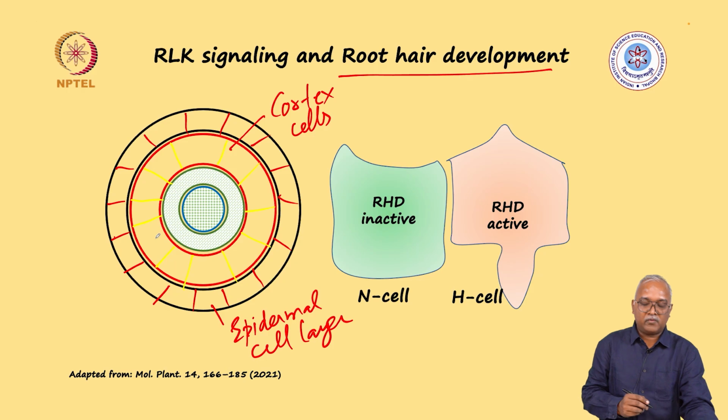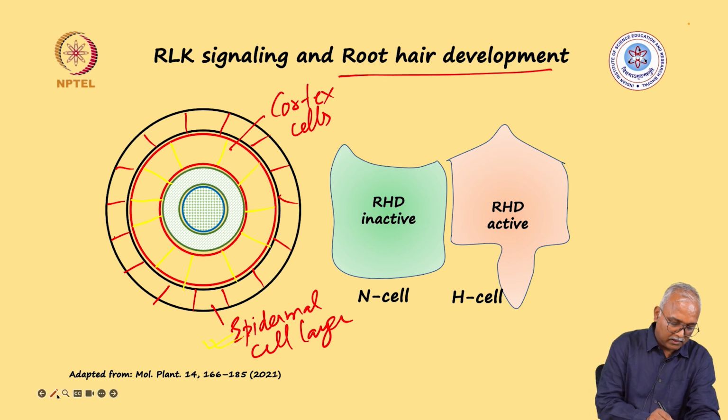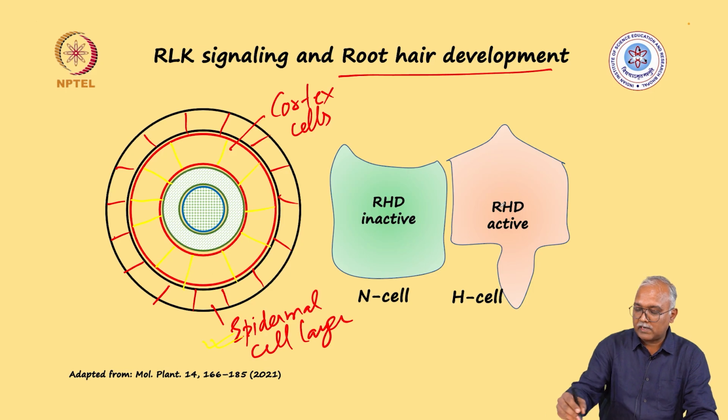So what you can identify is that there will be two distinct types of cell population here. Like if I can mark one of those cell types, so if you think that this epidermal cell, remember that this epidermal cell only will become the root hair. It is in direct contact with the cortex cell. So see this scenario, consider this as your epidermal cell layer. There are two cells which are part of epidermis.